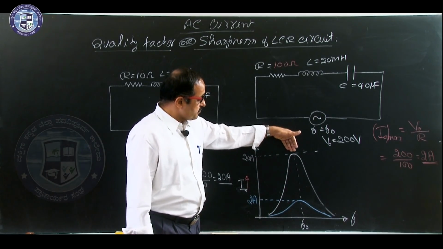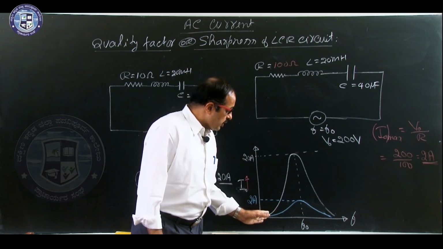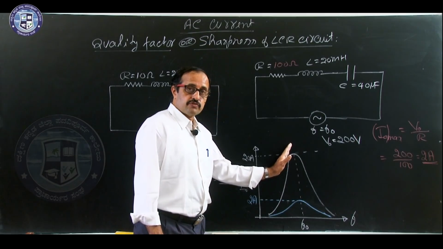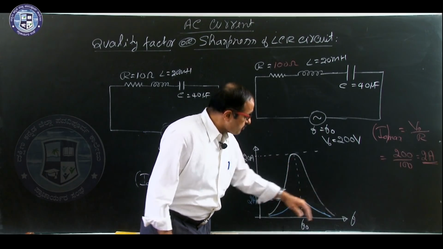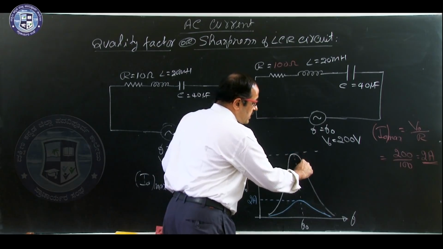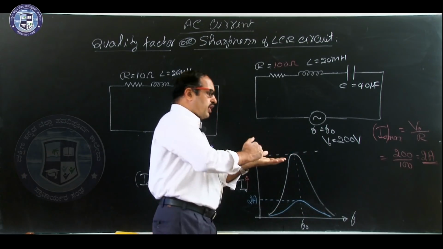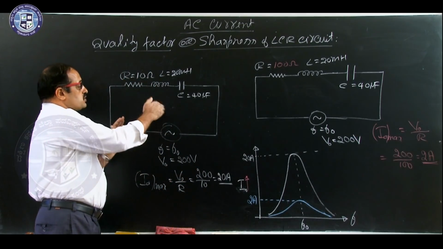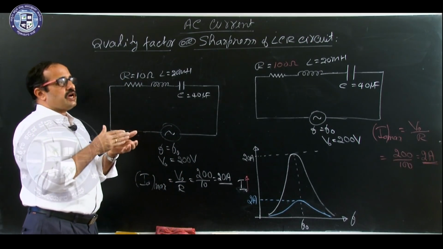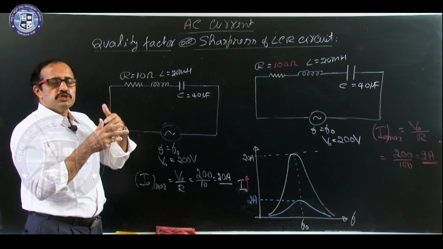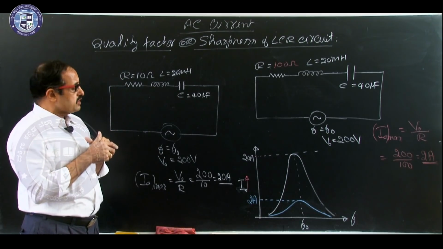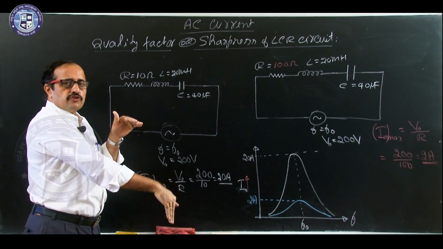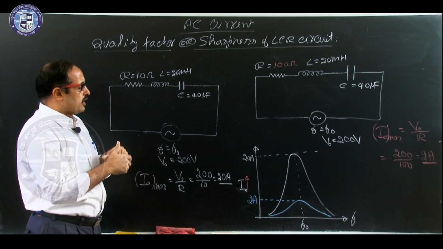In this graph, see here, as you approach the resonant frequency, current sharply increases, and once you cross the resonant frequency, current quickly decreases. There is a lot of variation in the current. In this circuit, as you approach the resonant frequency, the current builds up, increases like anything, it goes up to 20 ampere. After that, it suddenly decreases almost to a low value.